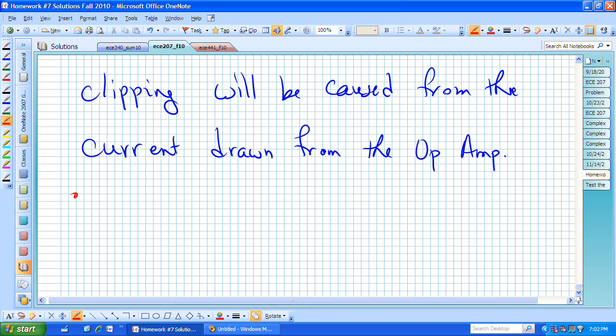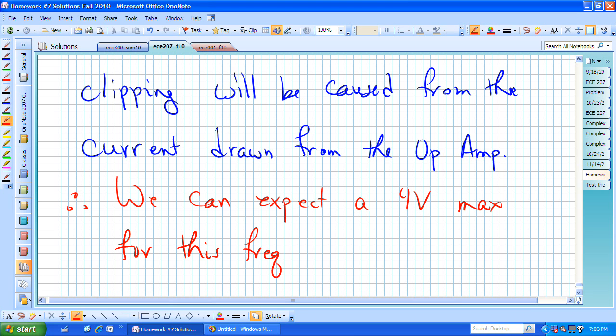And because of that, we can actually expect to achieve our maximum output voltage. We can expect a 4-volt max for this required frequency, which was, now I've forgotten what our frequency actually was.